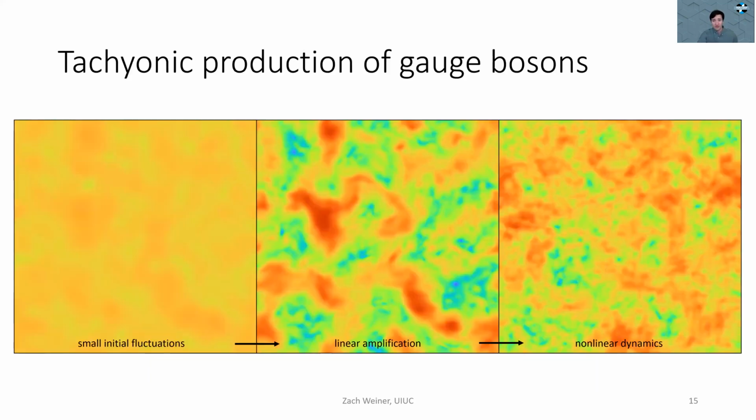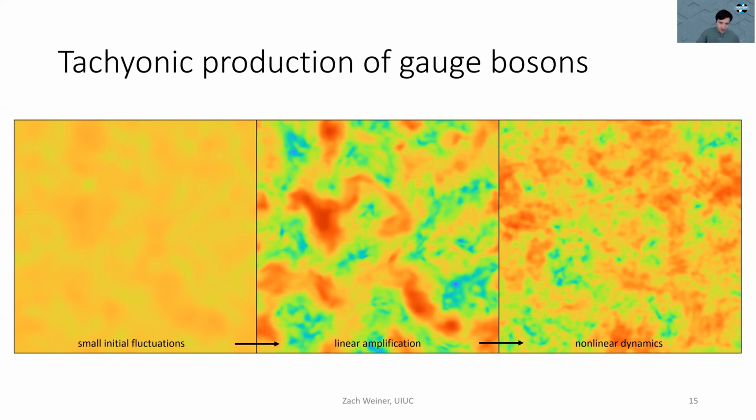Now our picture for this in real space is like this. So these are 3 panels of the density contrast in the universe, starting off with some small initial fluctuations on the left, and that's just coming from the quantum mechanical vacuum. And then during this parametric resonance phase, the long wavelength modes are exponentially amplified, and that can be understood in a linear analysis.